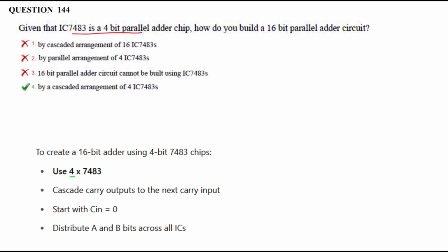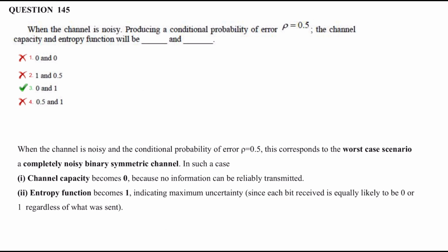Cascade carry outputs to the next carry input, starting with carry input 0. That is, by cascading the arrangement of 4 IC7483 chips, we will get a 16-bit parallel adder circuit. Correct answer is option 4.